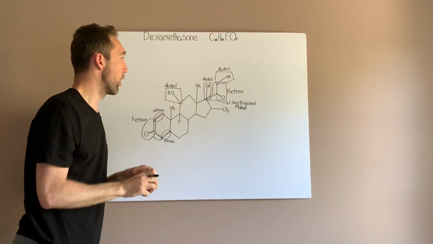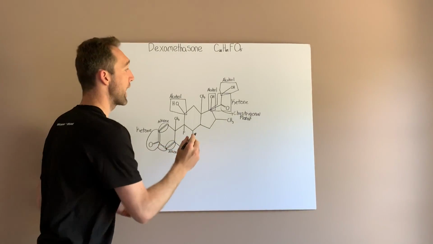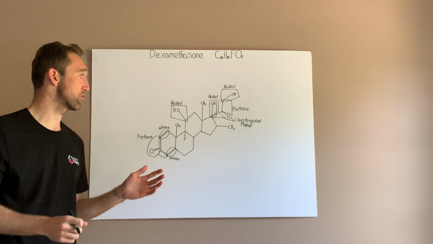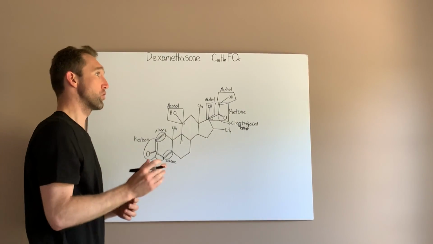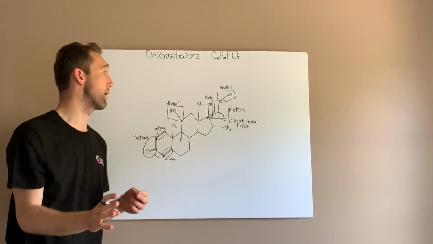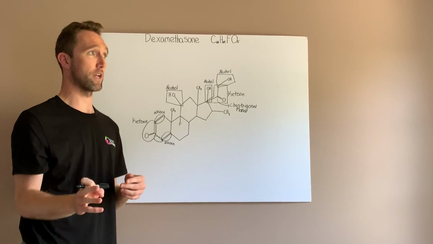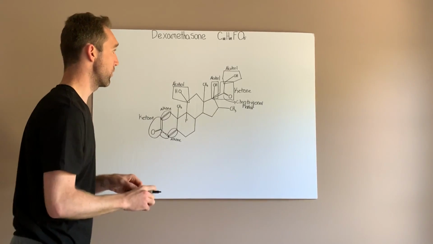Now, we also want to look at its hybridization. Since we have 3 electron groups, we have sp2 hybridization. So we'll have 3 sp2 hybridized orbitals and 1 unhybridized p orbital.